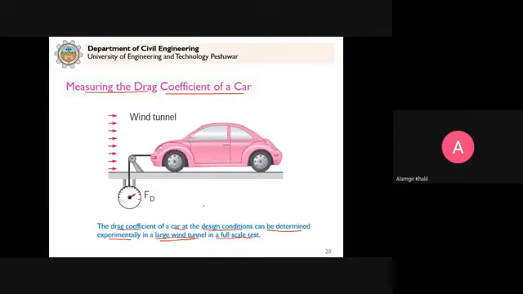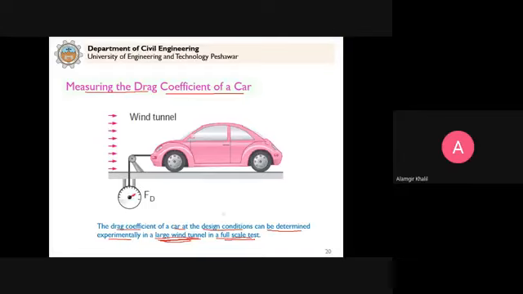Clear? Those manufacturers who manufacture cars, aeroplanes, trucks, they do testing on their cars, the shape, etc. Clear? So for that purpose, they have these facilities available with them where they can carry out full-scale tests or small-scale tests on models.